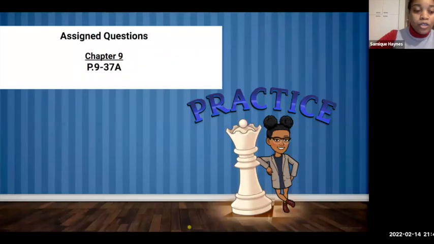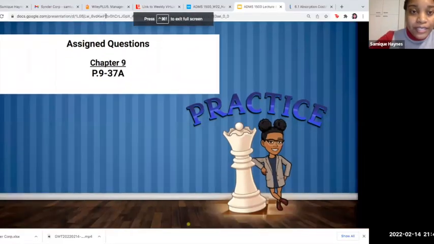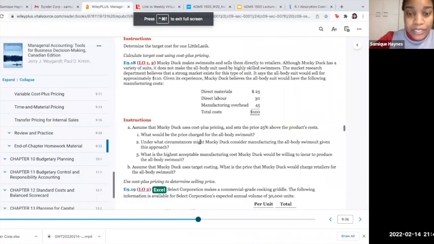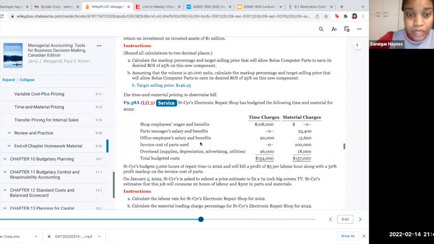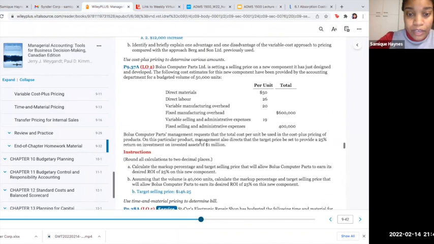Okay, so chapter 9, problem 937A. There it is. Bolus Computer Parts Limited is setting a selling price on a new component it has just designed and developed. The following cost estimates for this new component have been provided by the accounting department for a budgeted volume of 50,000 units.